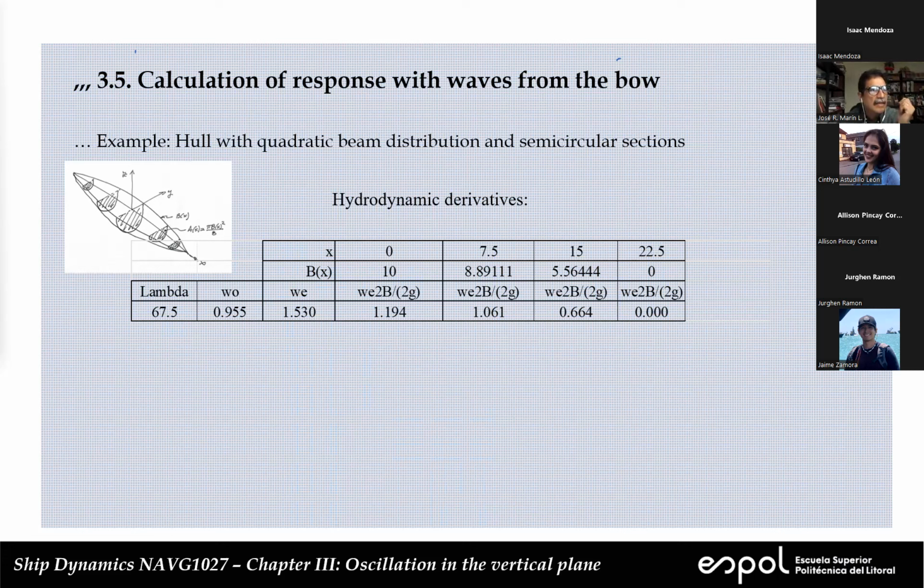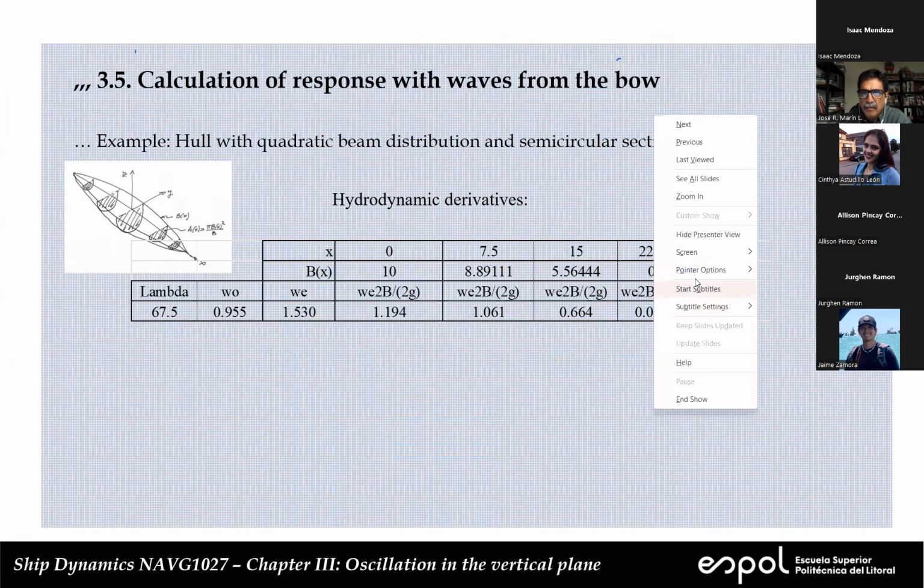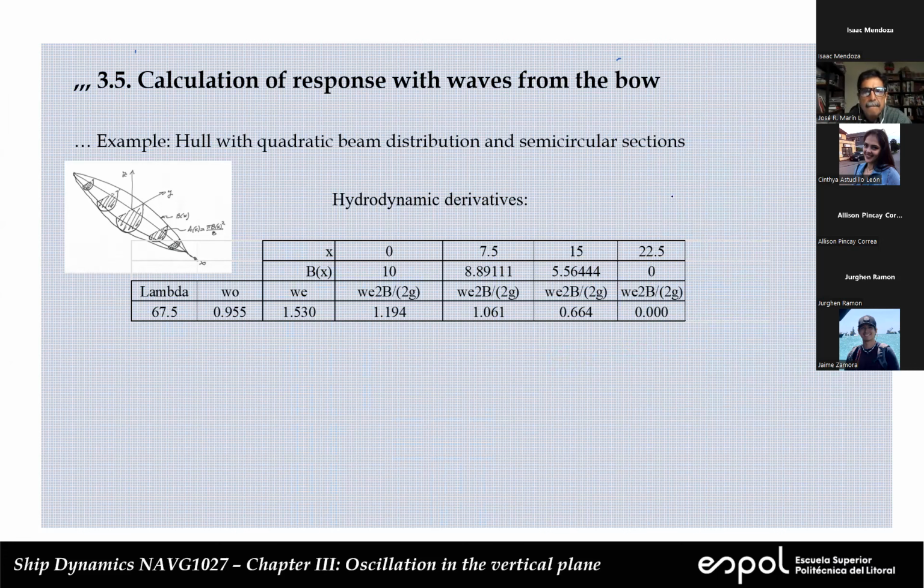Okay. So, Mr. Zamora, if we're receiving the wave from the bow, okay, what is the angle in this case between wave and the motion of the ship? We're receiving waves from the bow.